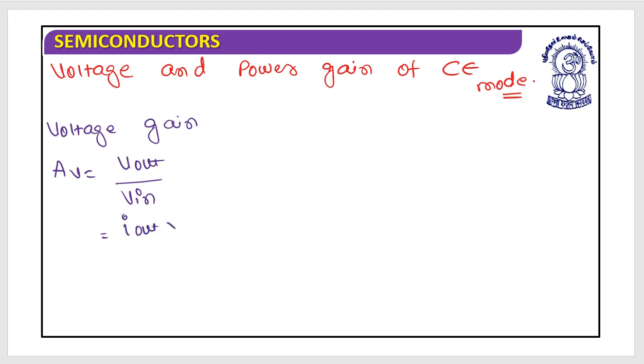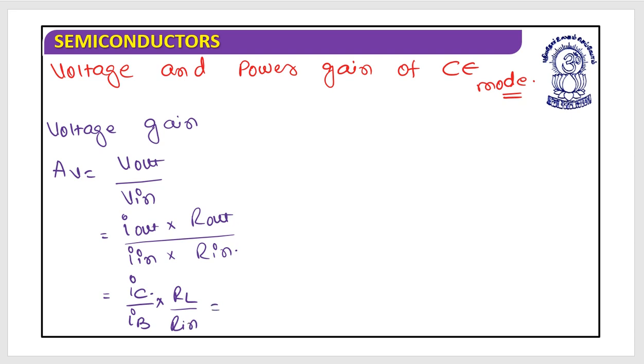This is I output multiplied by R out divided by I input multiplied by R input. This is I output divided by I input, which equals IC by IB multiplied by RL by R in. And IC by IB equals beta, so it's beta multiplied by RL by R in. This is the voltage gain.